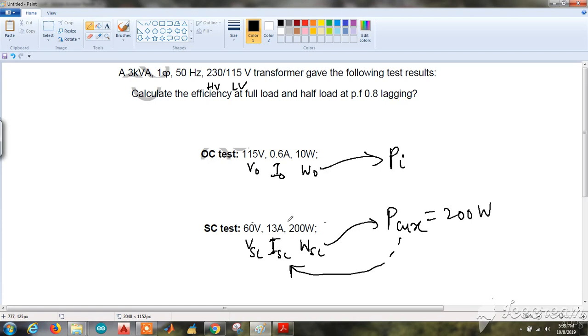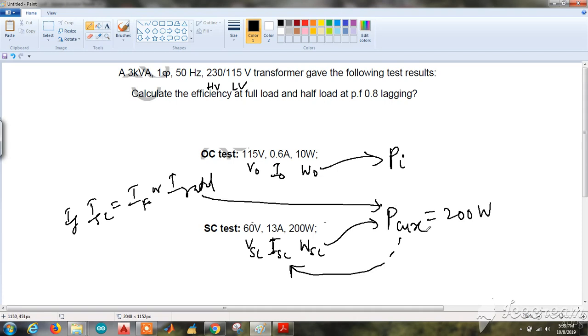If ISC is equal to full load current or rated current, then the copper loss will be full load copper loss. Otherwise it will not be full load copper loss. So full load copper loss is denoted by PCU and it will be with respect to rated current.